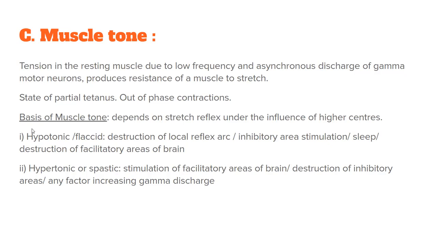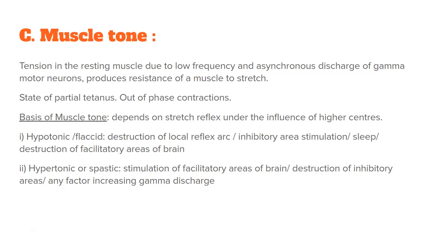Now, basis of the muscle tone, we all know if the tone is less, it is called hypotonic. If the tone is more, it's called hypertonic. Why I added this is, what are the possible regions in this pathway that we just spoke about where, if the pathology is causing hypotonia, the lesion is. That's what I wanted to emphasize. So one, if the local arc is destroyed, then you have hypotonia.